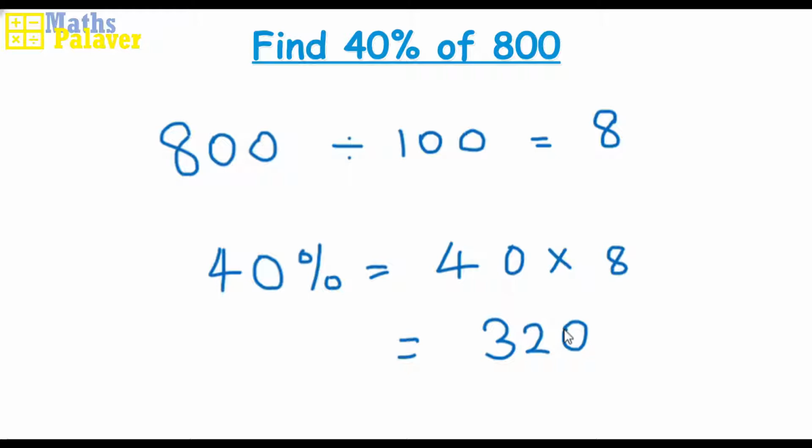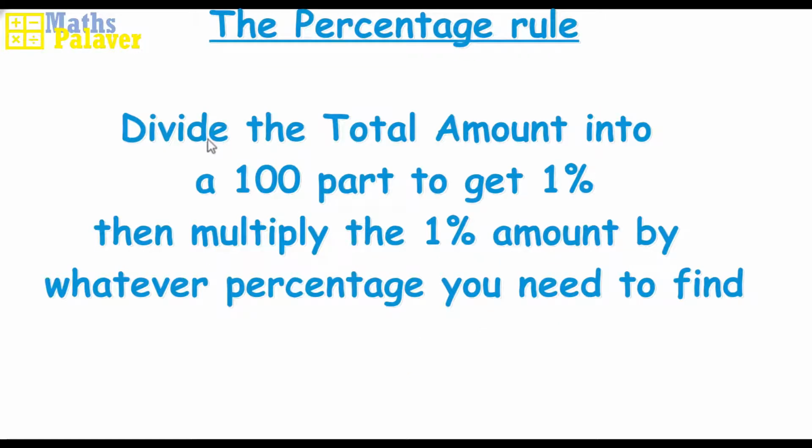So there's the rule. Divide the amount into 100 parts to get 1%, and then multiply 1% by whatever percentage you need to find. And that gives you the right answer.